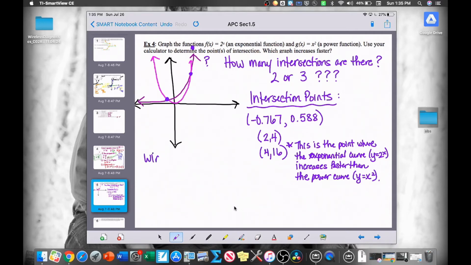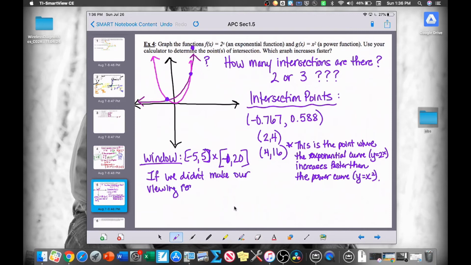The window that we used, let's write it down just for future reference. The window that we used was -5 by 0, or actually we did -1, didn't we? -1, 20. And something to think about, if we didn't make our viewing rectangle big enough, we may have missed an intersection.